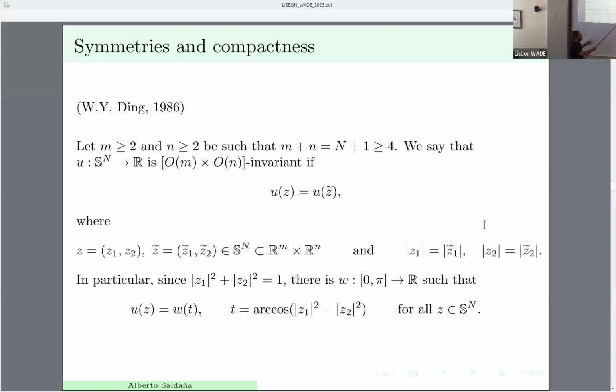If I change Z1 and Z2 for some other element that has the same Euclidean norm, then my function is going to remain invariant.